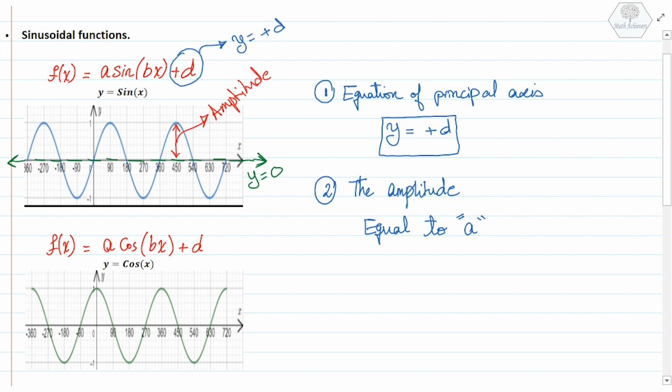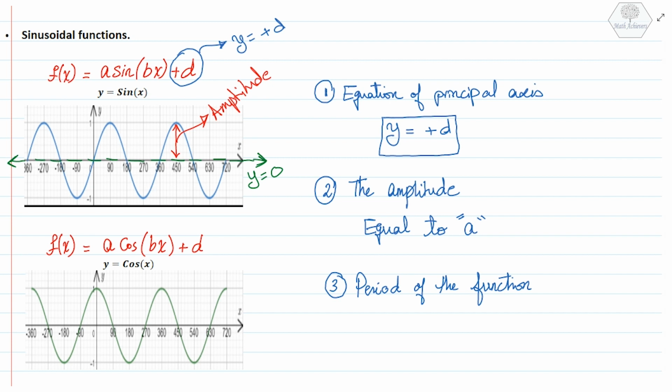The third thing that we have to know is the period of the function. The period of the function is how long the function takes to complete one full rotation.